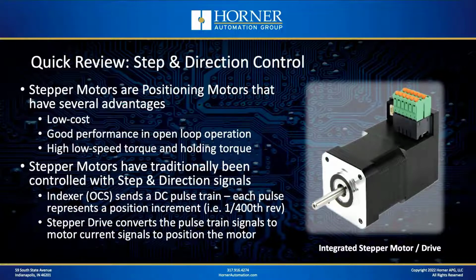For instance, every pulse could tell the motor to rotate 1/400th of a revolution. Now, the distance that the pulse represents is going to vary by motor, vary by drive, but that's precisely how stepper motors work. And then the stepper drive converts that pulse train signal to motor current signals that will cause the motor rotor to be positioned.